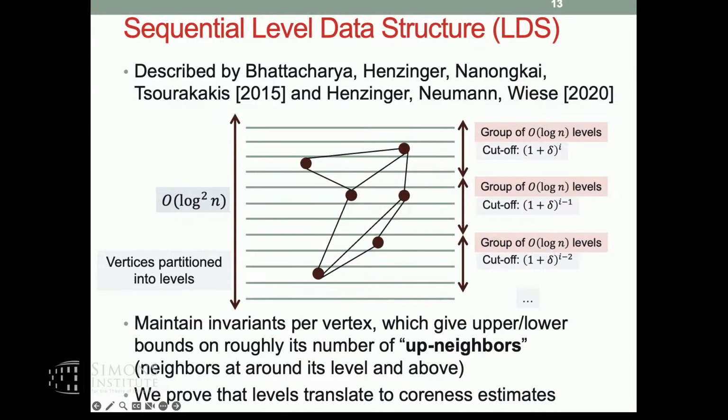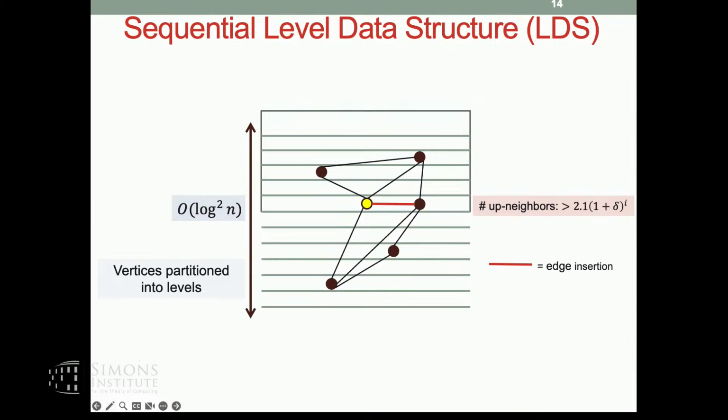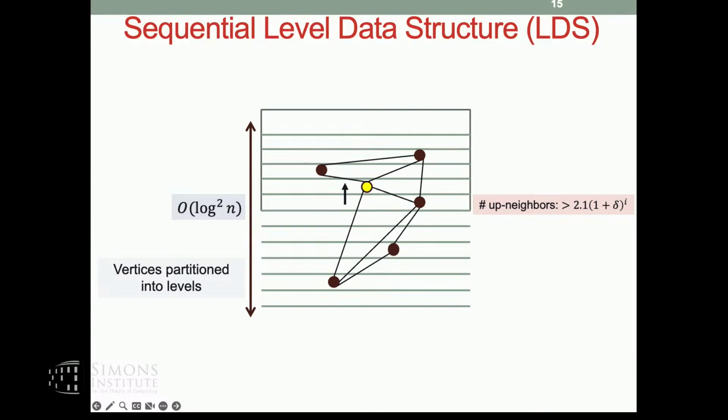So when your graph gets updated, some of these invariants for certain vertices could be violated. If I add this red edge, the yellow vertex now might have too many up neighbors. In order to fix that, I'm going to move the vertex up so it loses that up neighbor, and then maybe it's happy because it doesn't have too many neighbors.